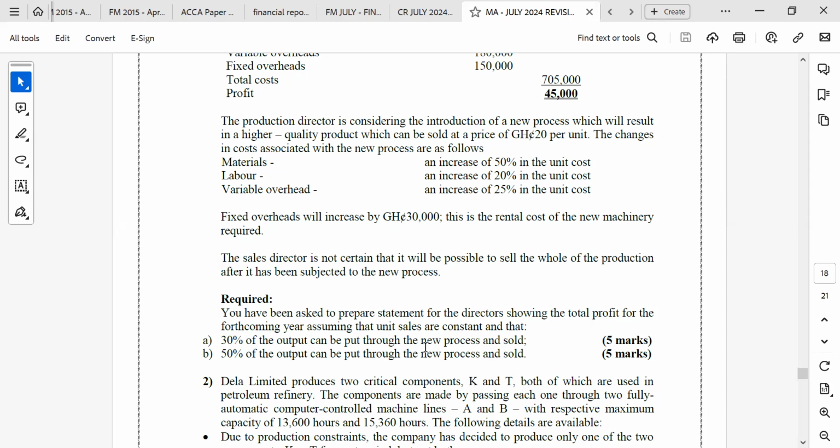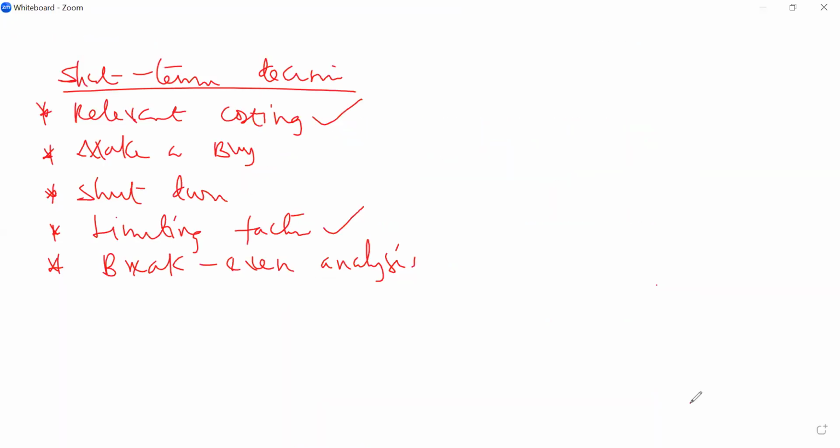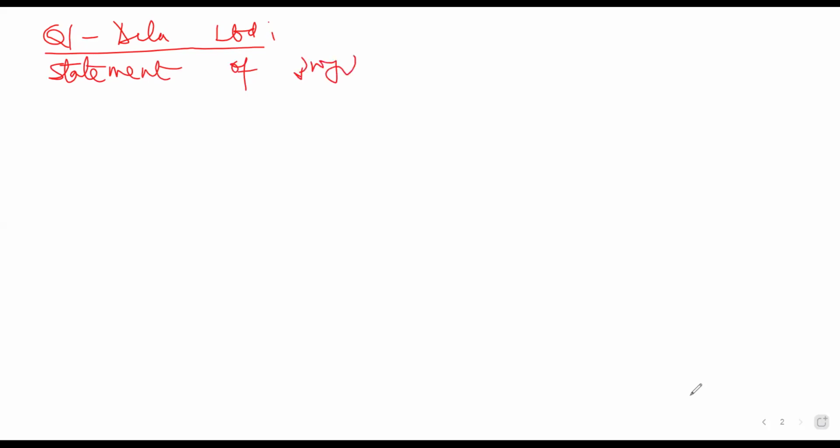So we are going to be using two approaches, and you pick the one that you like. Let's come here. Question number one, Dela Limited. Let me have a statement of profit or loss for the year.